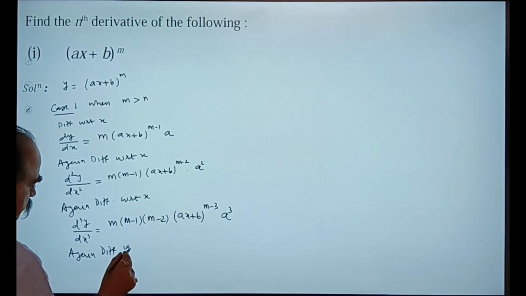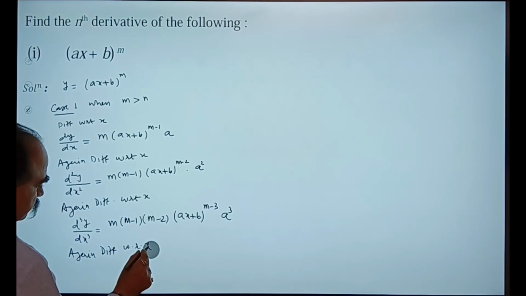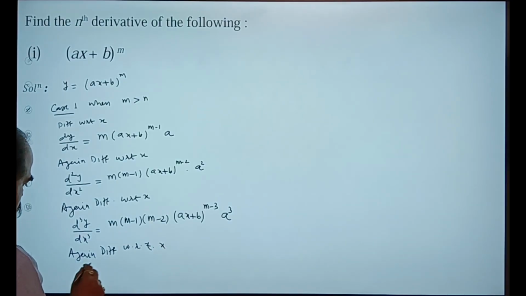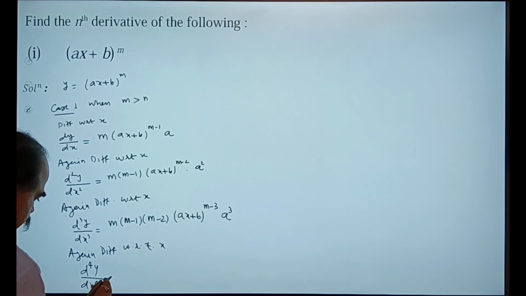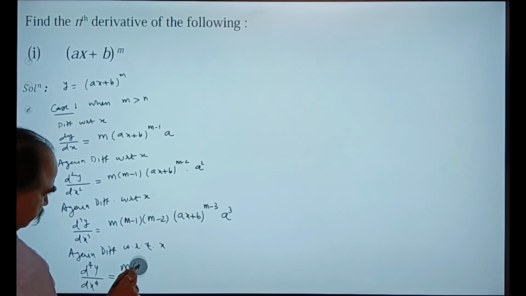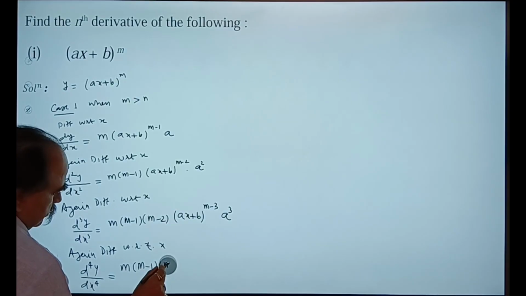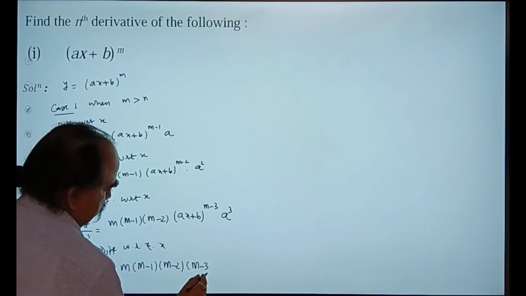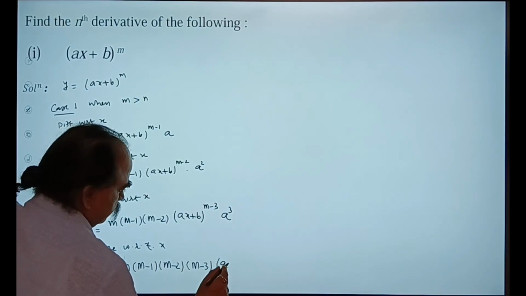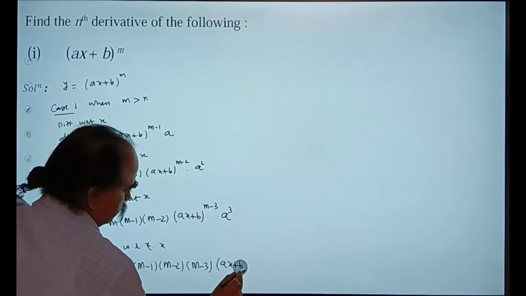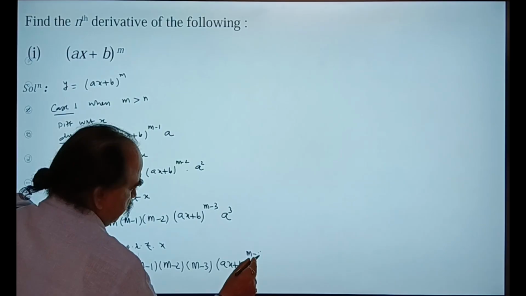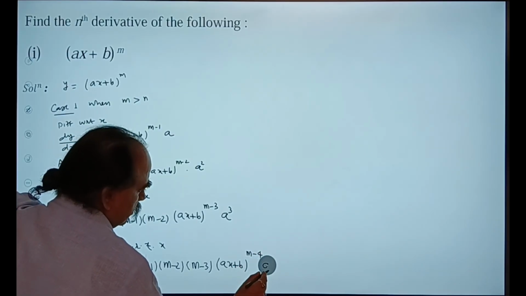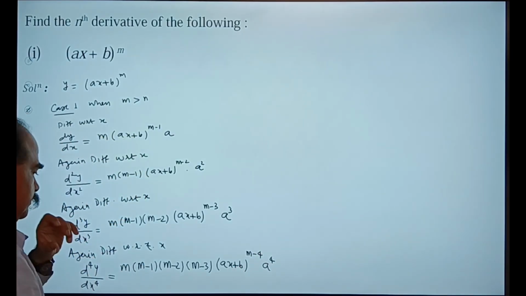Again differentiating with respect to x. So d4y by dx4: m into m minus 1, m minus 2, m minus 3, (ax plus b) raised to m minus 4 into a raised to 4.